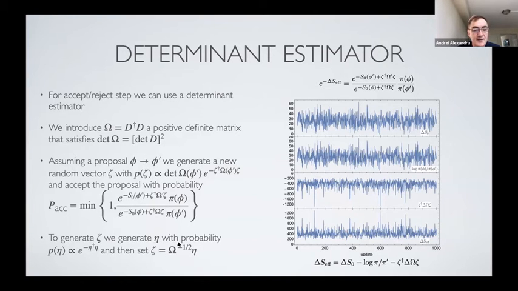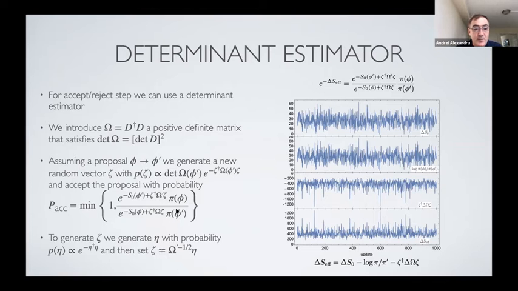Then zeta is set by solving this particular linear problem, where omega here is the inverse square root of the matrix omega evaluated over the proposed fields phi prime. Now, to evaluate this square root, you need omega to be positive definite, and that's why we've actually made this particular choice for omega.